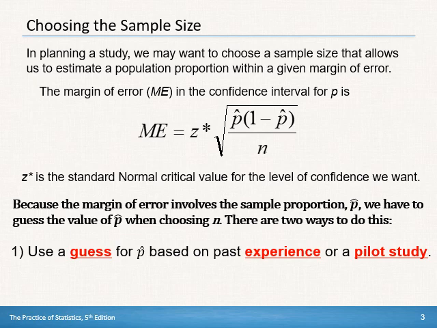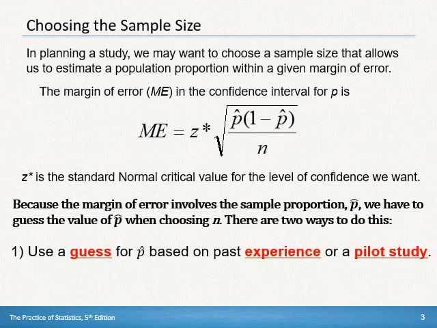For example, if we're looking at the proportion of seniors who are going to attend prom, how many students do we need to poll in order to get a margin of error that's acceptable to us? Because the larger the sample size, the smaller the sampling distribution, so the normal curve will have a smaller standard deviation, and as a result, the margin of error will be smaller.